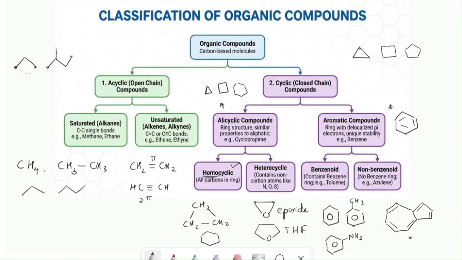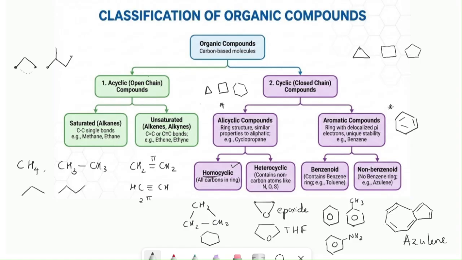The name of this molecule is azulene. It's not a 6-membered ring, it has a 7 and a 5, but it will behave like benzene. That's why we call it a non-benzenoid molecule. Like this, there are many other examples. As you go on, you will learn all this.